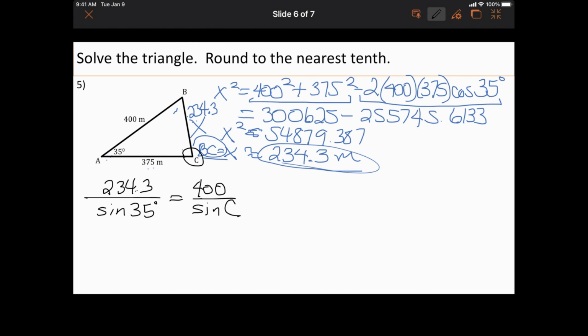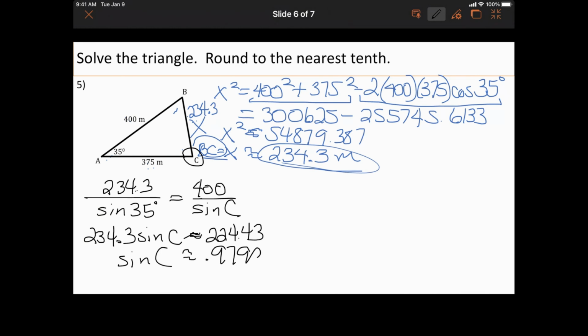Sine of C. Cross multiplying. Find about this. 0.9792.